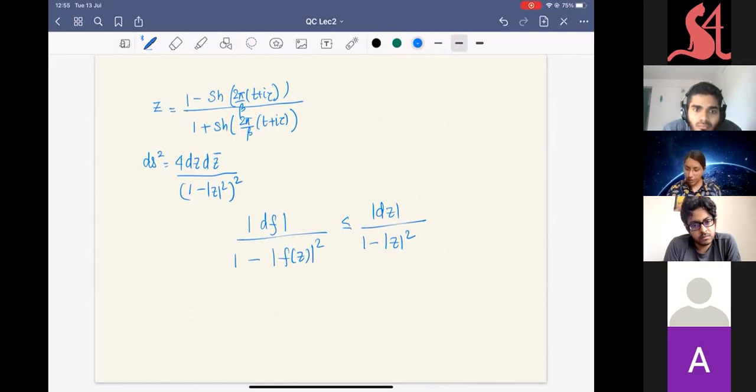And if you substitute the z here, then you get 2 pi by beta.